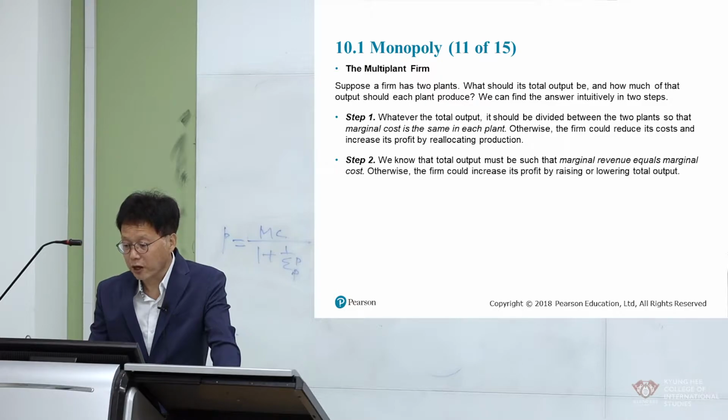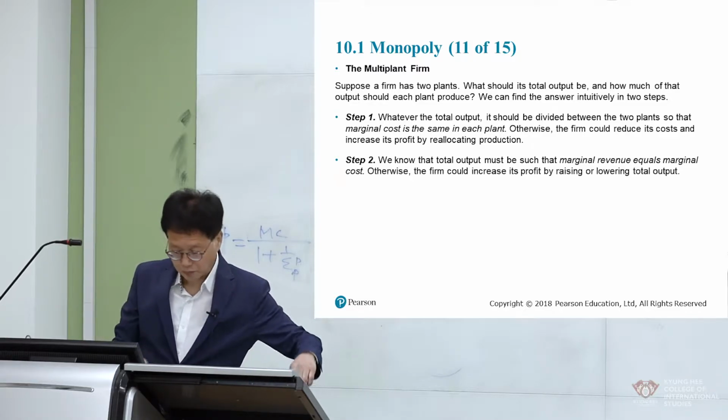We can find the answer intuitively in two steps. Step number one: whatever the total output, it should be divided between the two plants so that marginal cost is the same in each plant. Otherwise, the firm could reduce its cost and increase its profit by reallocating production.